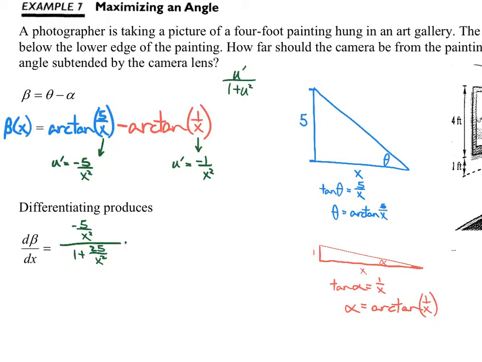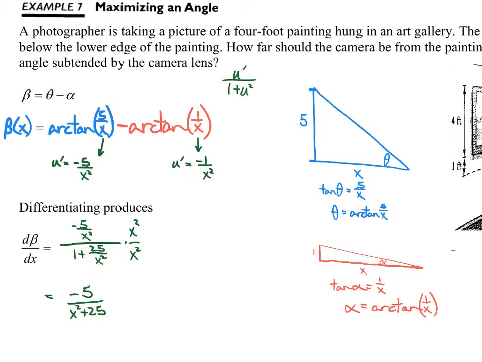Alright, multiply the entire thing by an x squared over x squared. And that'll cancel out. Remember, if you have complex fractions, you can multiply by the common denominator, which in this case just happens to be the only denominator. And then that part is going to be just a negative 5 over x squared plus 25. Don't forget to distribute on the bottom. But that's an easy way of simplifying that part.